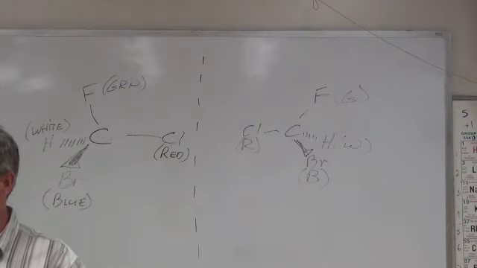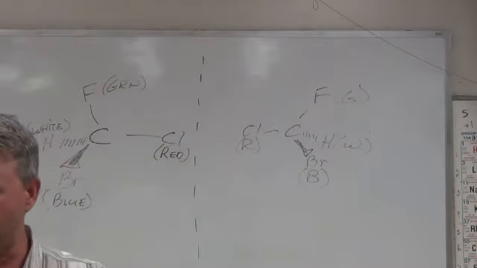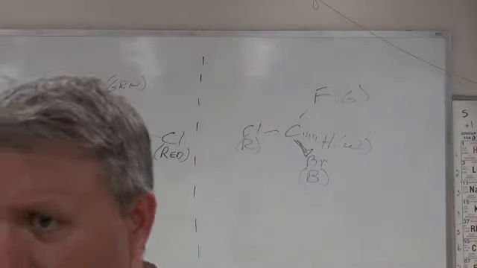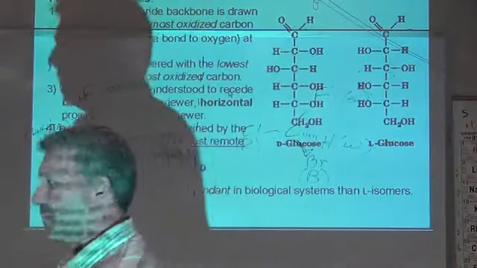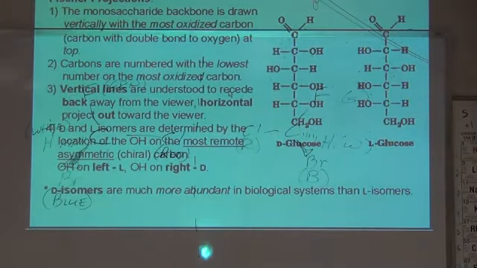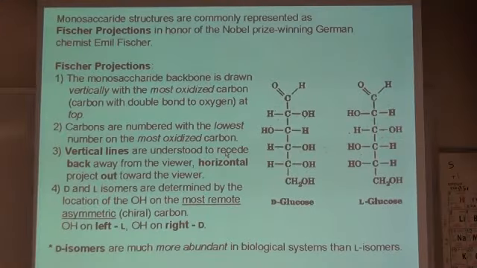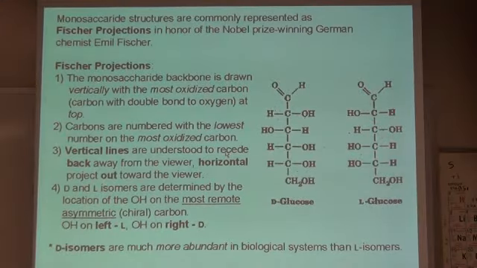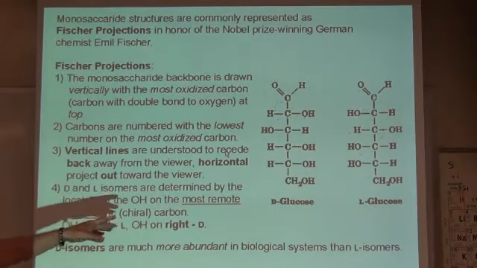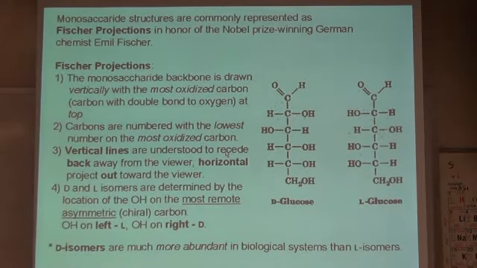Is everybody good? So I'm going to show you the shortcuts on how to determine whether it's D or L, because we're going to see them with the amino acids, and we're going to see them with the carbohydrates. So, for our simple sugars, carbohydrates, the Fischer projection allows us to determine whether or not we have the D or the L isomer.